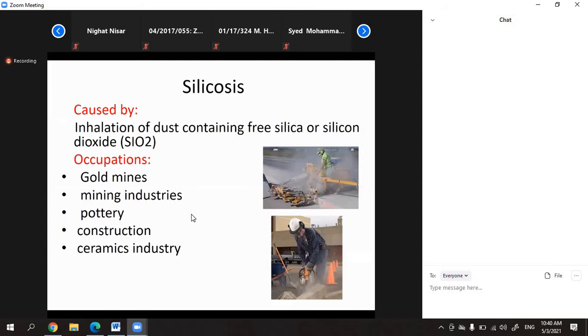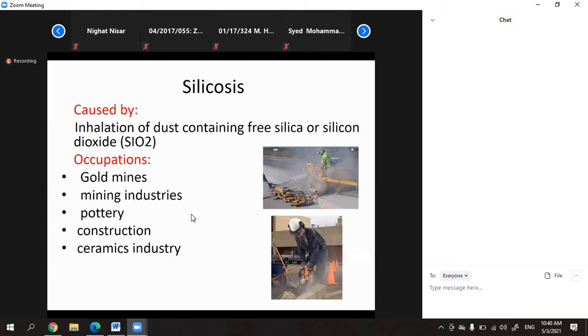Silicosis is caused by inhalation of dust containing free silica or silicon dioxide. And occupations involved are gold mines, mining industries, pottery, construction, and the ceramic industry. So workers involved in these occupations can have silicosis.